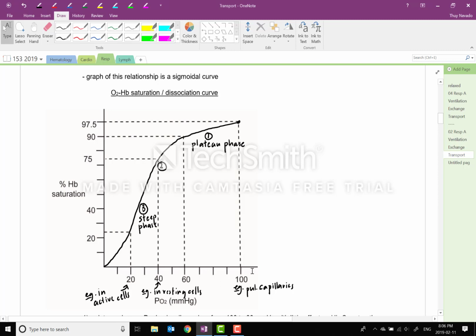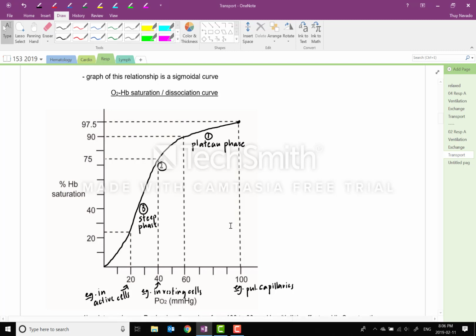So when there's lots of oxygen around, you can see hemoglobin is well saturated, maybe 98% saturated. And because this curve is an S-shaped or sigmoidal curve, even if initially you have quite a big drop, like here to 40 millimeters of mercury, there's not much of a drop in hemoglobin saturation. Hemoglobin still holds on to oxygen.